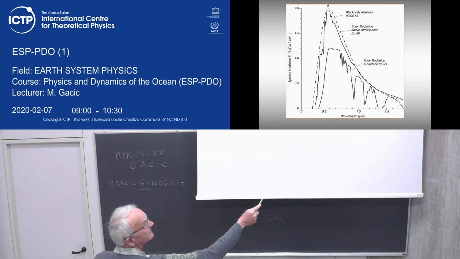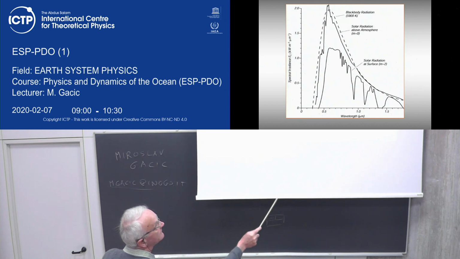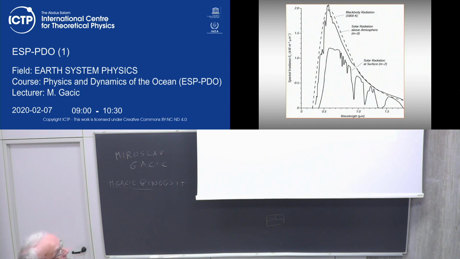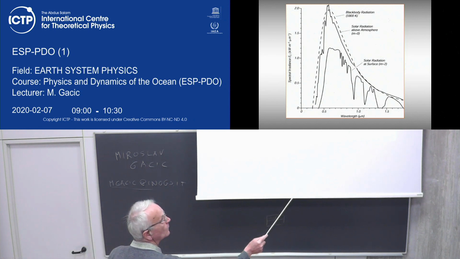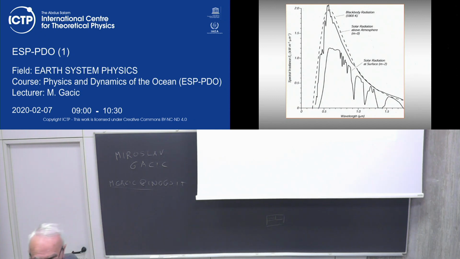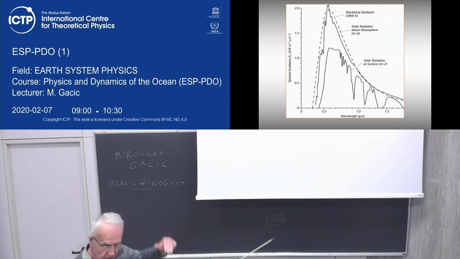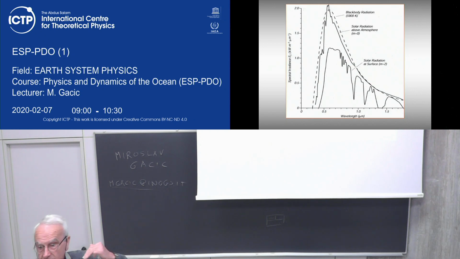Once the solar radiation reaches the surface of the Earth, which is this curve here, you can see that it changes the shape. It has some wavelength where the energy has been absorbed much stronger than the rest of it. And in general, the whole curve is put down, so part of the energy has been absorbed by what?